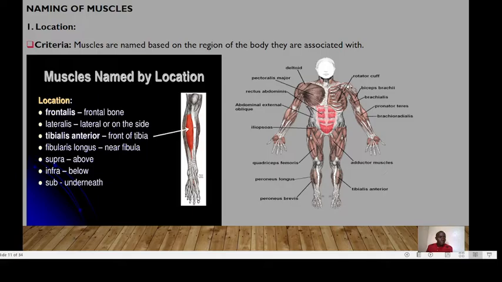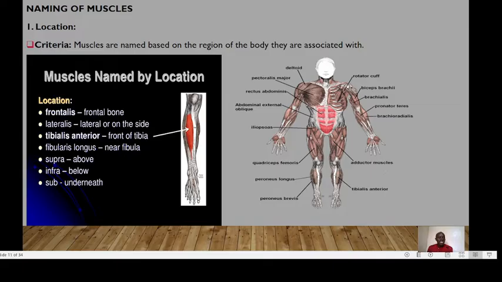So, starting with the first one, the location. With this criterion, muscles are named based on the region of the body they are associated with. Like the frontalis muscle is found on the frontal bone, so it's named so because of the location on the frontal bone. Lateralis is because it's found on the side of the bone.